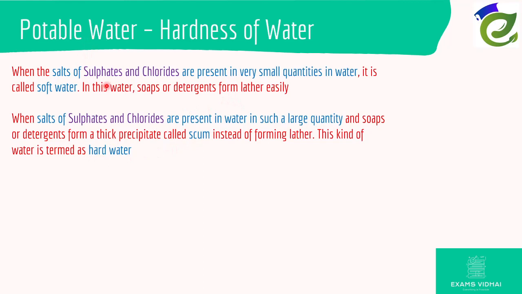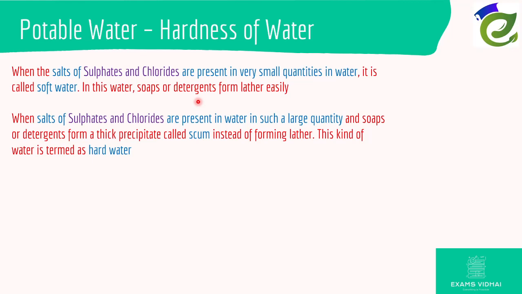So what do these salts of sulfide and chloride mean? Potable water should be soft water. If it's soft water, soaps and detergents can work to their maximum level. This is often relevant for laundry or the washing of utensils.